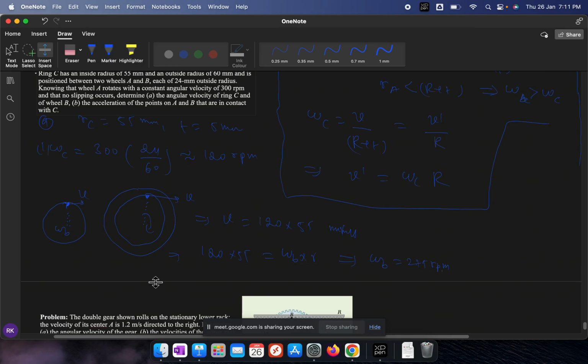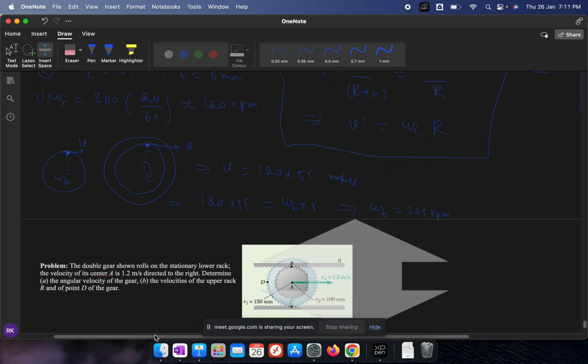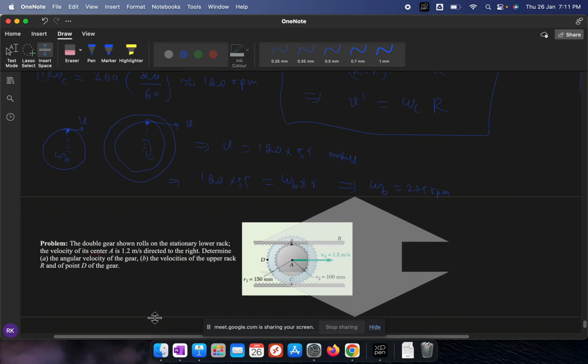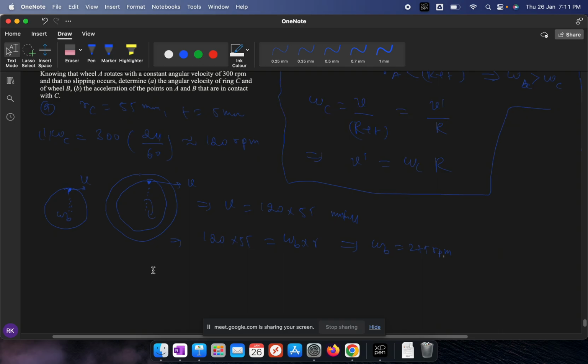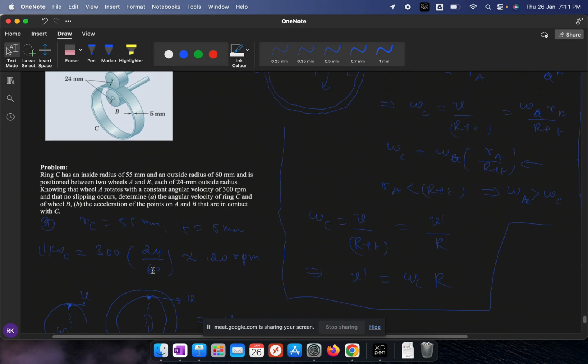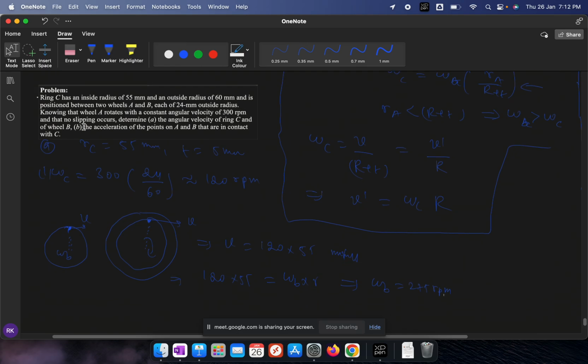What acceleration? Acceleration for which wheel? I mean the acceleration of the point A on A and C. So it is asking the acceleration of this point. First it is asking the acceleration of this point, and then it is asking the acceleration of this point.